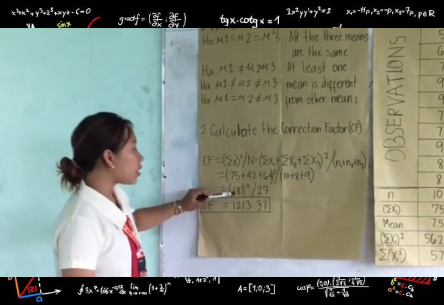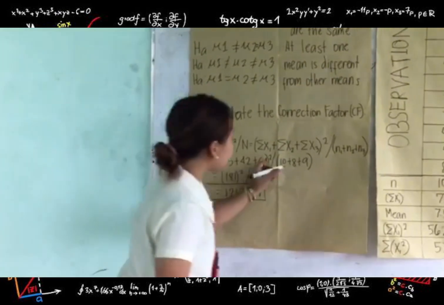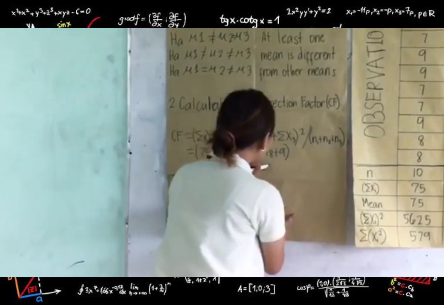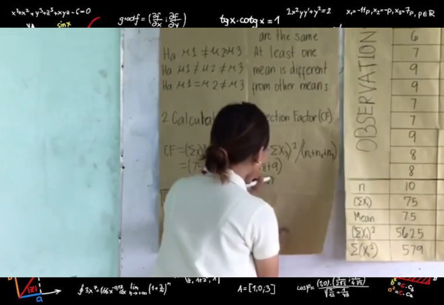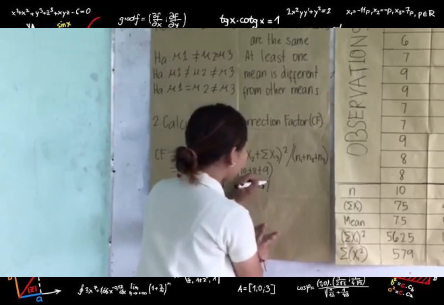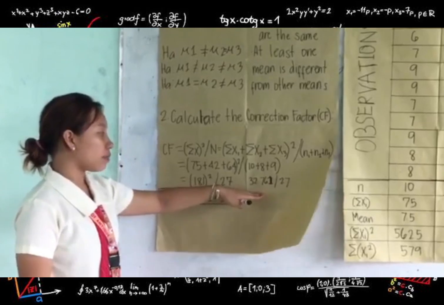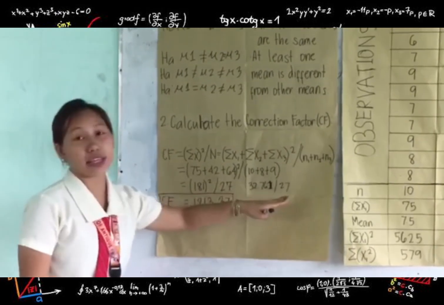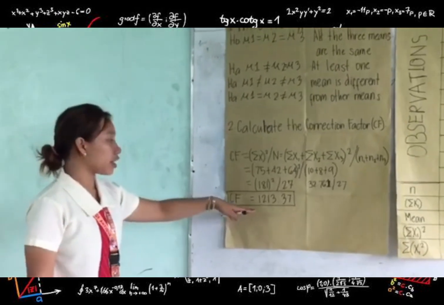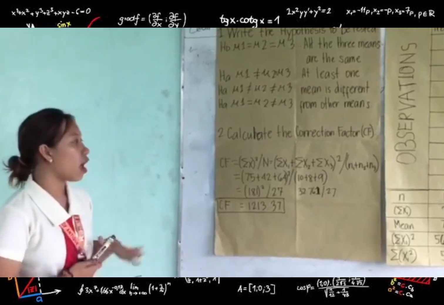The square of 181 is 32,761, divided by 27. 32,761 divided by 27 equals 1,213.37, which is our correction factor.